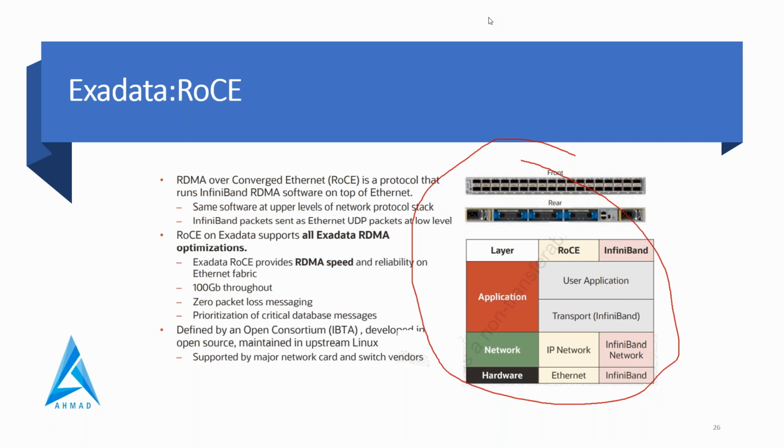RoCE matches the previous InfiniBand advantage. Throughput is 100 gigabits per second, and latency is very fast. The RDMA protocol has now been ported on top of RoCE Ethernet, with lossless messaging.